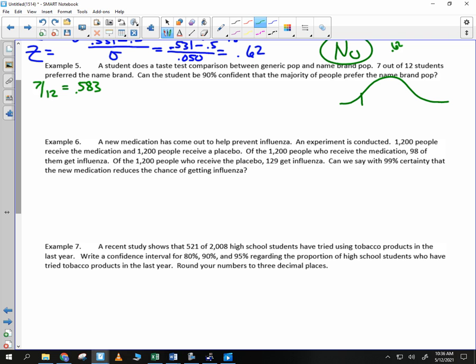So we've got 90 in the middle. We have 5% there and 5% there. So we're looking for the 95% mark, which is a Z-score of what? So let's see if that 7 out of 12 can push past the 1.645. We'll check it out and see.